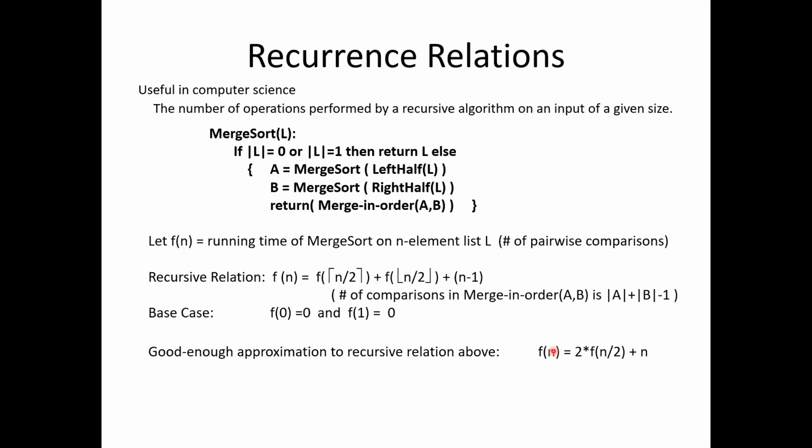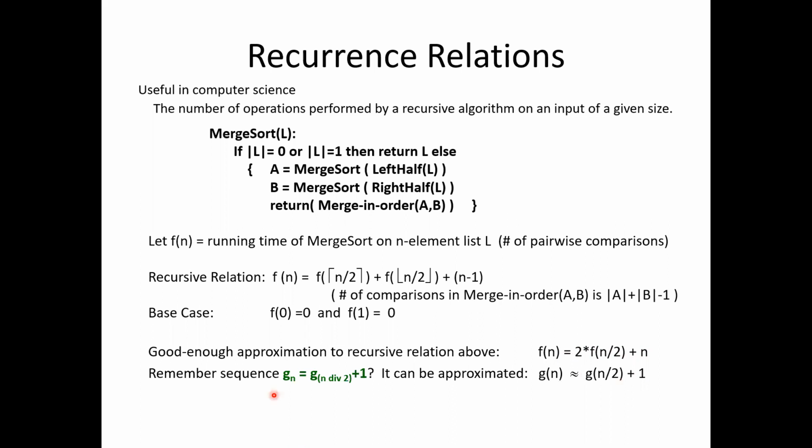If I instantiate it for a billion, this is a billion plus 2 times f at half a billion. And so I recursively compute this. f at half a billion is 2 times f at 250 million plus half a billion, etc., etc.